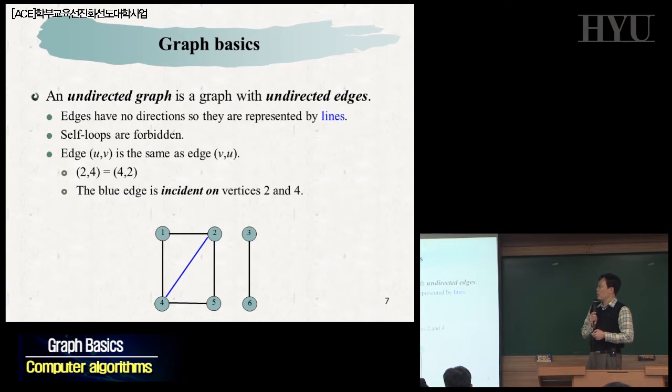An undirected graph is a graph with undirected edges. Edges have no directions, so they are represented by lines. And there are no self-loops. So edge u comma v is the same as edge v comma u. So 2 comma 4 is the same as 4 comma 2.